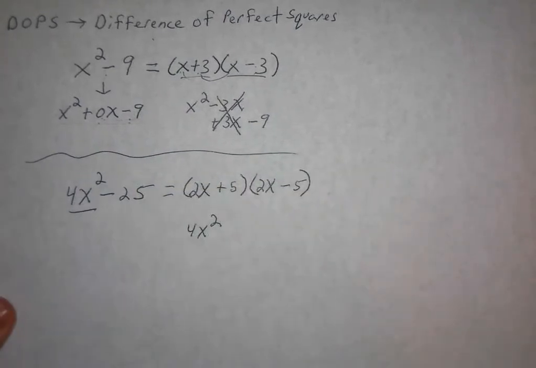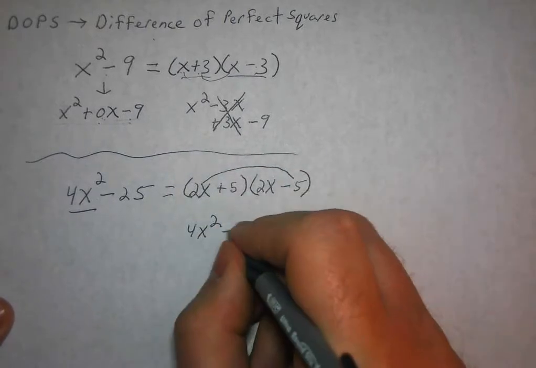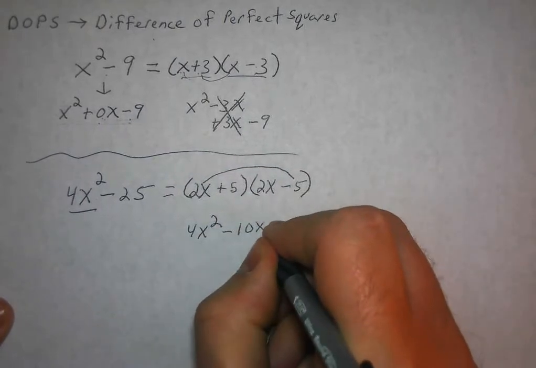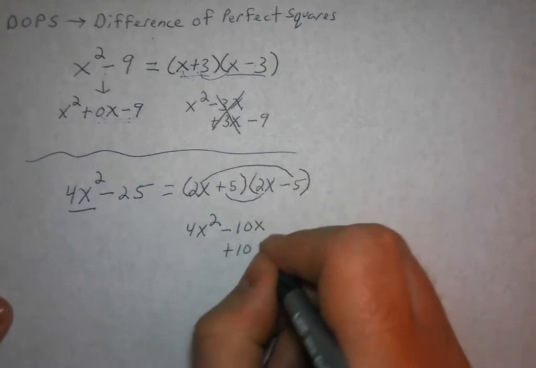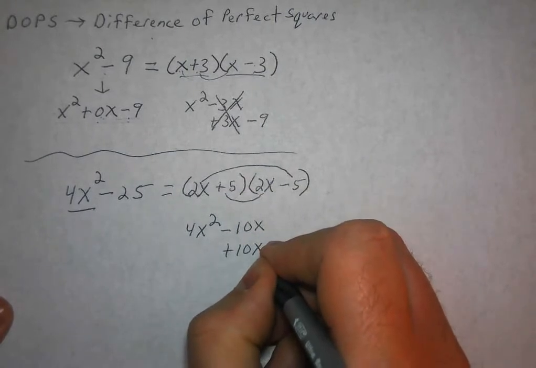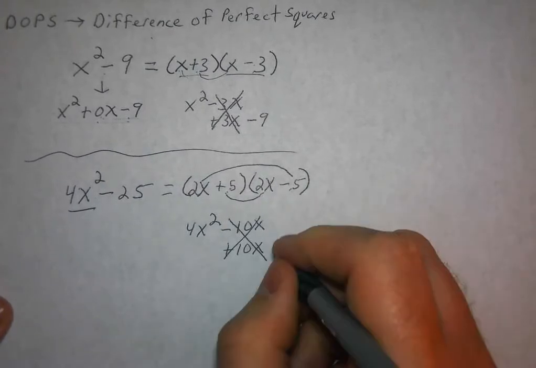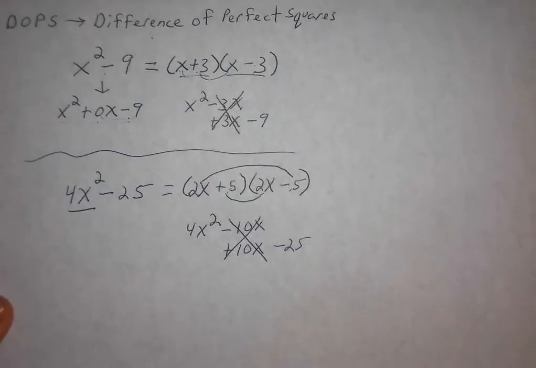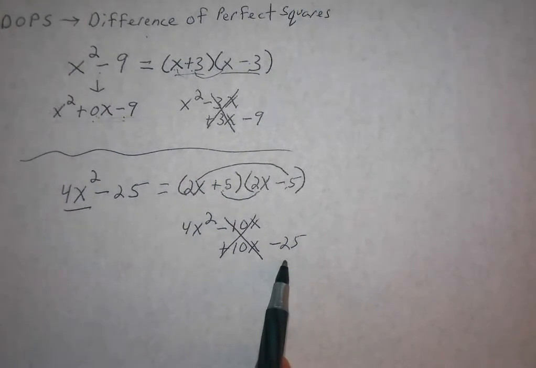So that's good. The next term, 2x times negative 5 is negative 10x. And then we have positive 5 times 2x is positive 10x. They're going to cancel out. And then 5 times negative 5 is minus 25. So notice we end up with 4x squared minus 25.